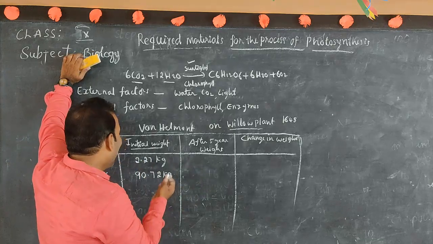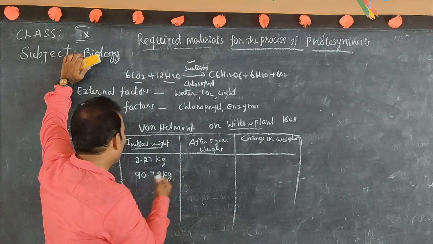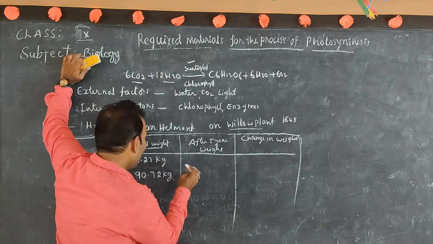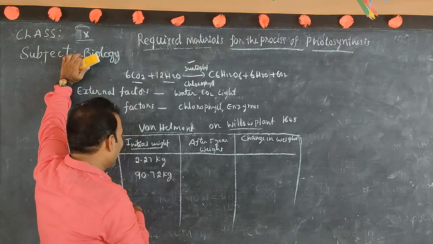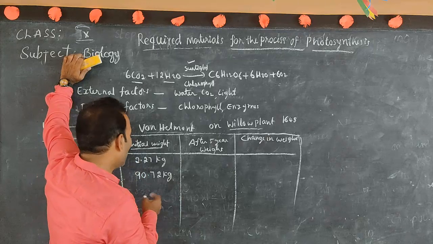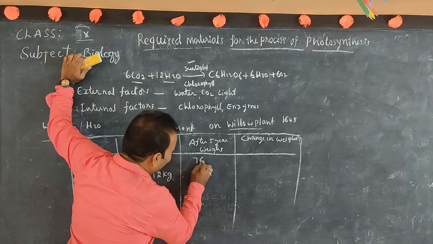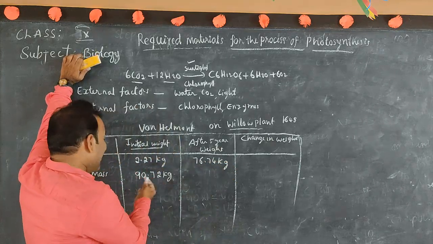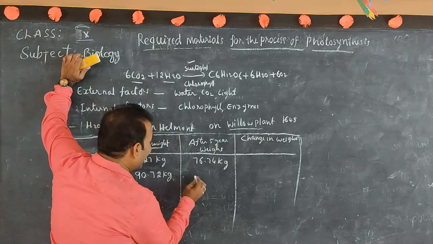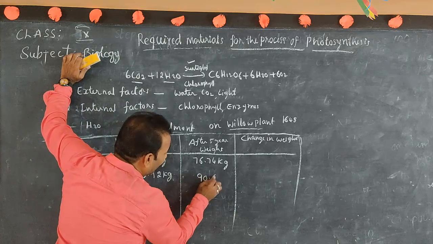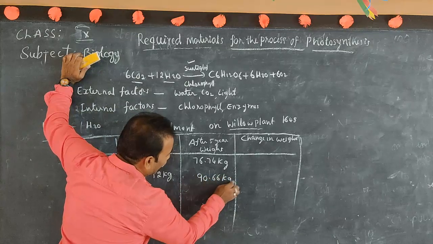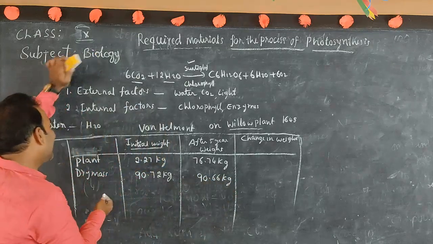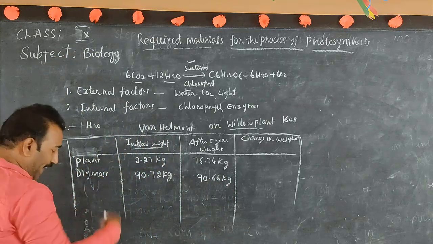What was the weight increase during these 5 years? The plant mass increased from 2.27 kgs to 76.74 kgs, and the soil mass decreased. What was the change in the weight of the plant and the soil?